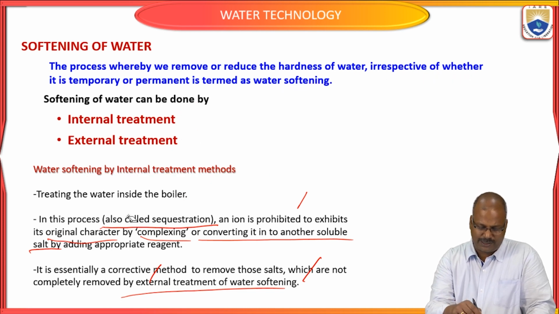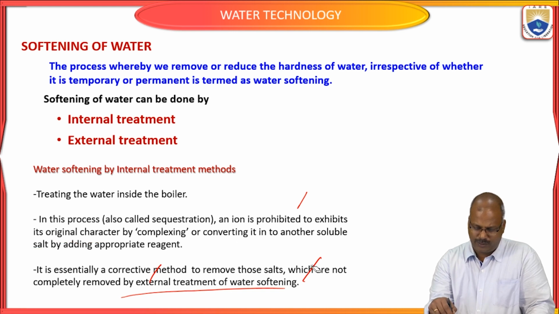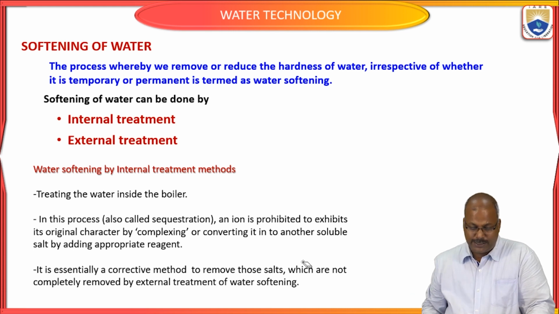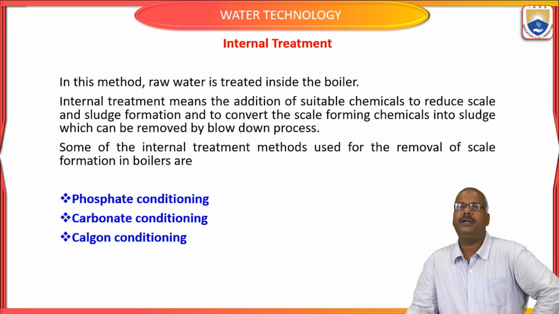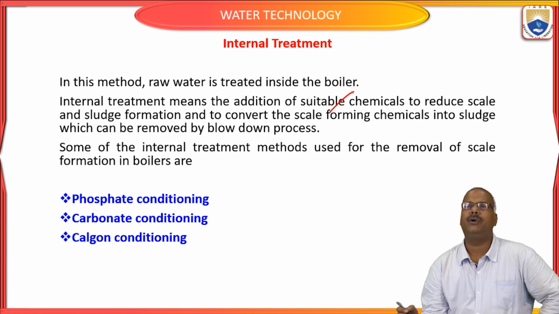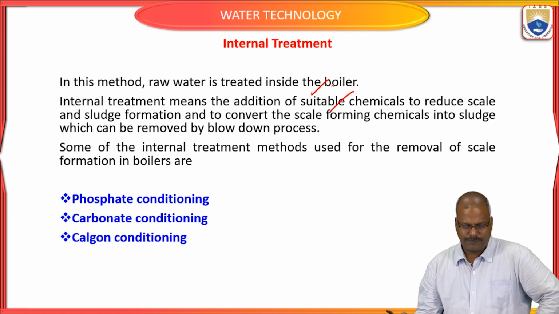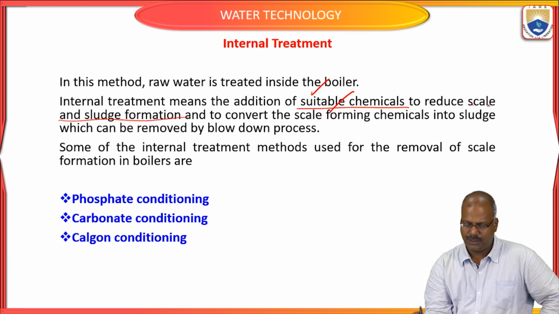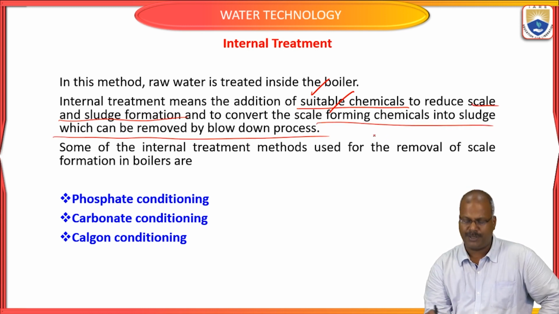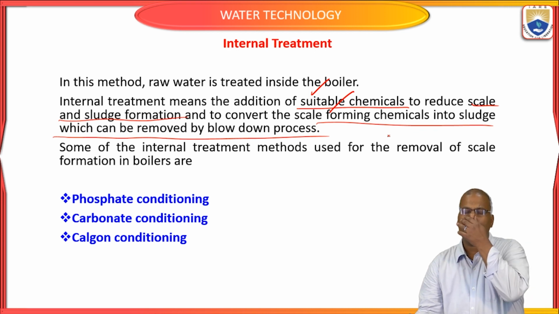We will see what the different types of treatment available in this internal treatment of water are. In this method, the raw water is treated inside the boiler. Internal treatment means addition of suitable chemicals to reduce scale and sludge formation and to convert scale forming chemicals into sludge, which can be removed by the blowdown process.